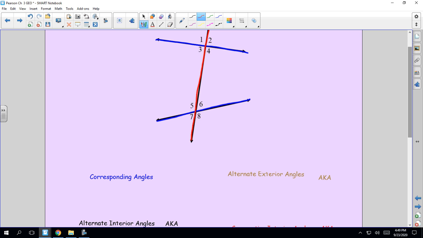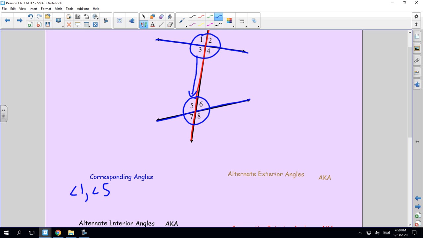The first of the angle relationships you need to know are called corresponding angles. I'm going to list some corresponding angles. If you were to take this vertex right here, slide it down, and overlay it on this vertex, the corresponding angles are the angles that are in the same position at that new vertex. So for example, angles 1 and 5 are corresponding angles.